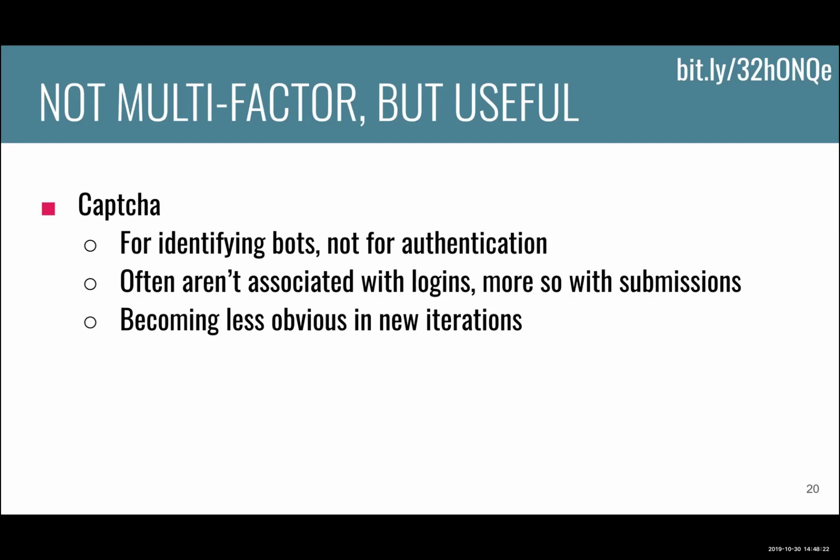And they're becoming less and less obvious with new iterations. In the past, you're typing in those wavy letters and numbers and symbols, then clicking on all the stop signs. Now, based on the way that your mouse moves around the page and the things that you select, they're deciding whether or not you're actually a person.